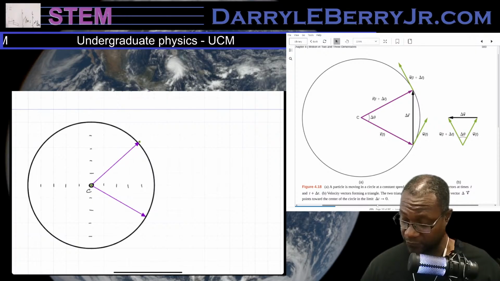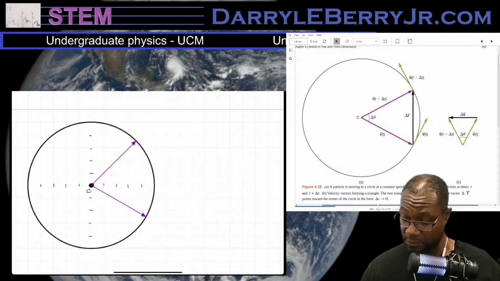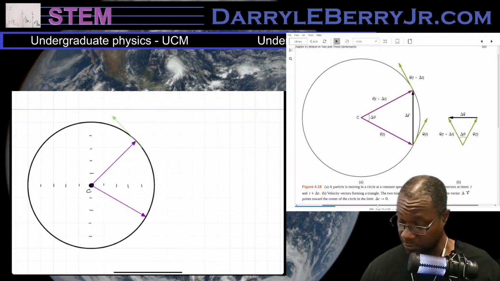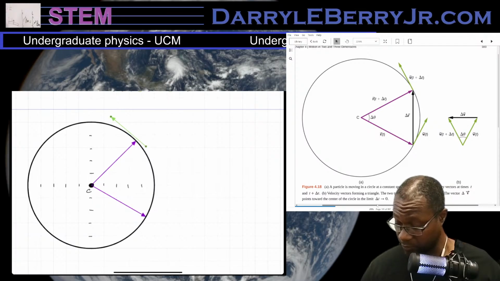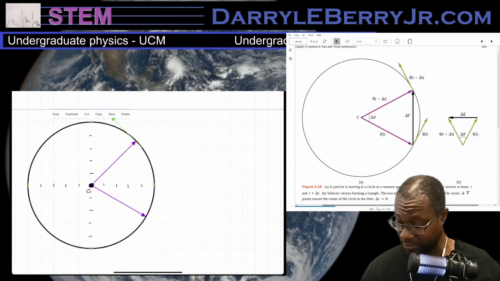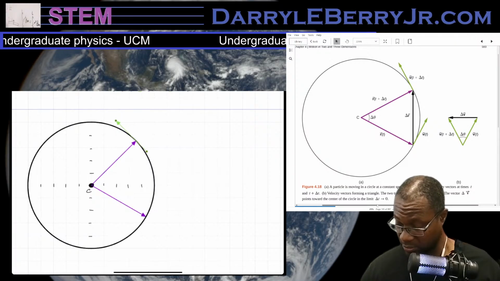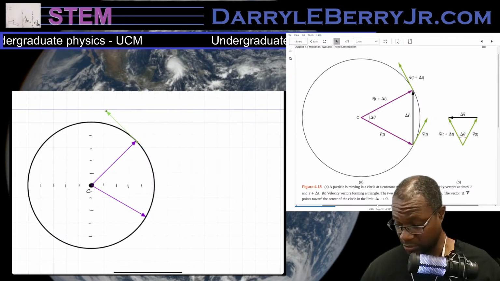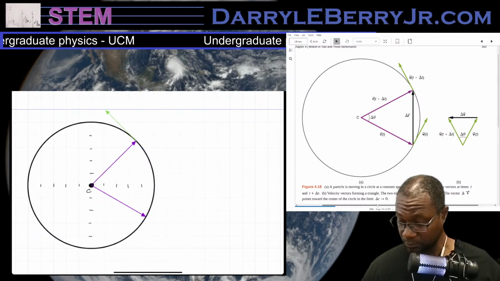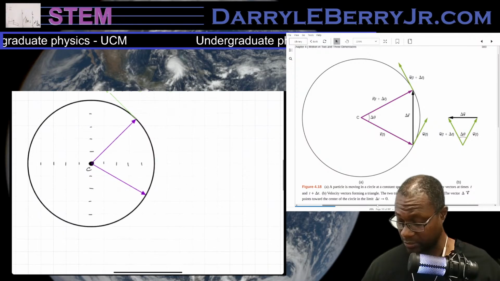So if this is going on a perfect tangent, then this arrow would be going on a perfect tangent like that as well, except it'll just be positioned at the end of the circle here, starting at the tip.